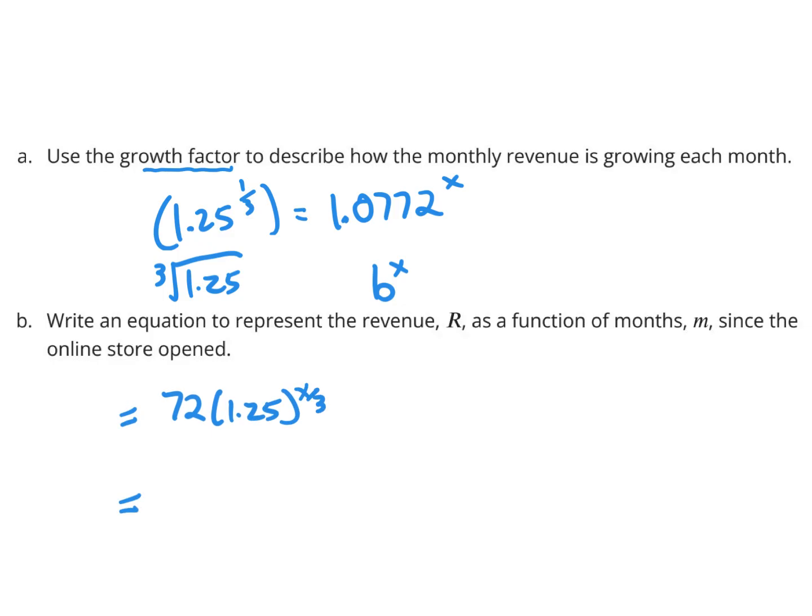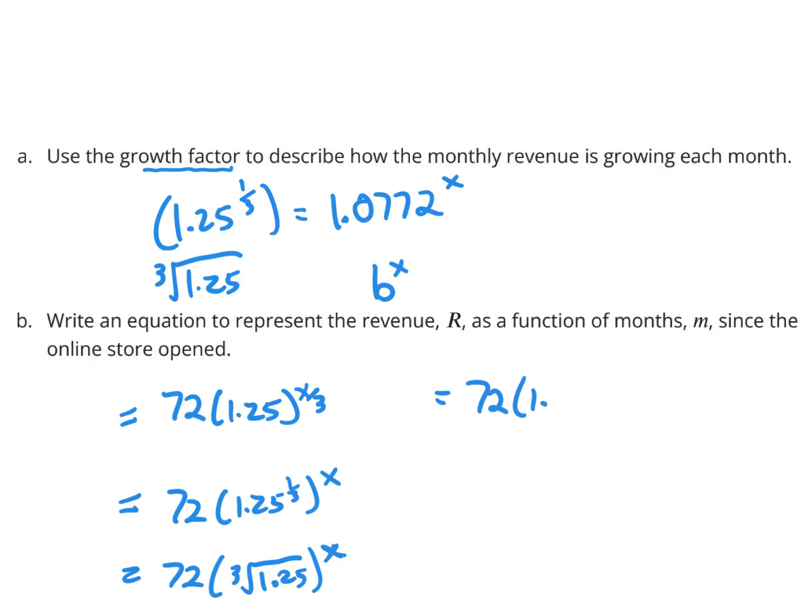We can write 72 times 1.25 to the 1/3 power to the X. We can write 72 times the cube root of 1.25 to the X. Or we can write our calculated root, which is 72 times 1.0772 to the X. And these all give us the revenue for each month.